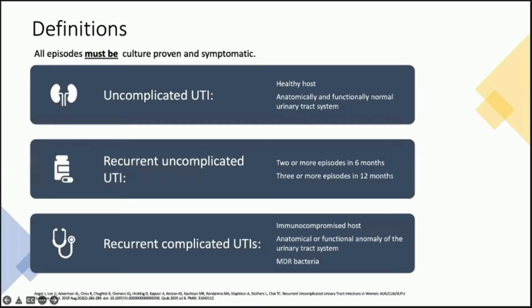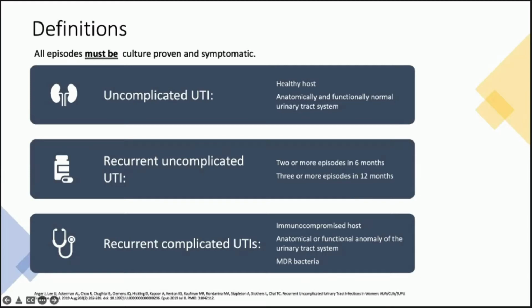So here are some definitions that will be important for this talk. First of all, before we can say that a patient has UTIs, there has to be a positive urine culture present essentially during each episode of symptomatic cystitis.